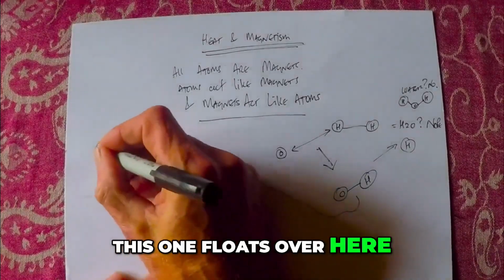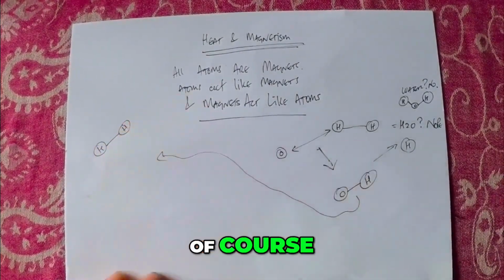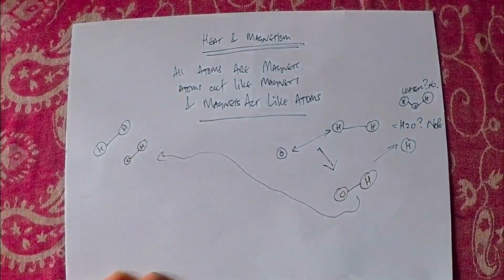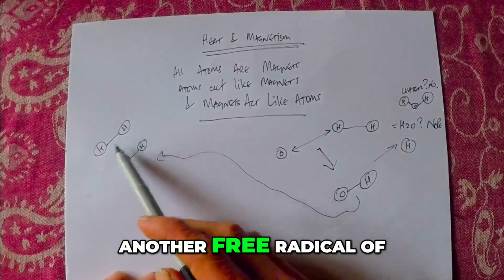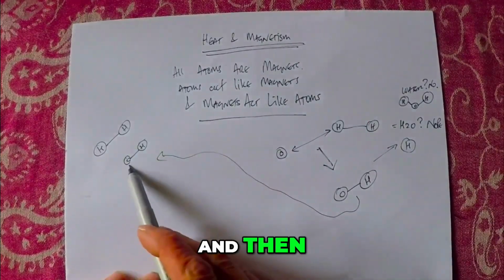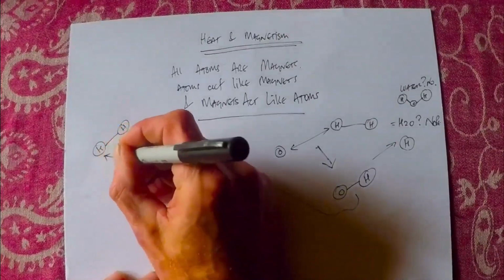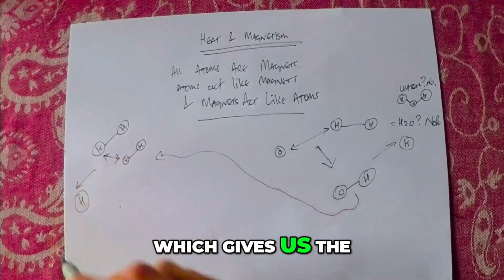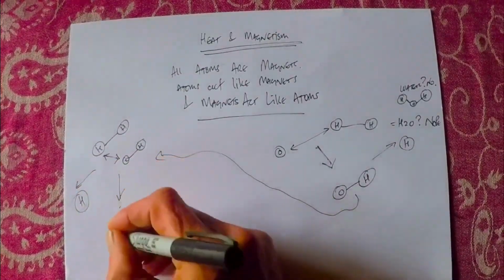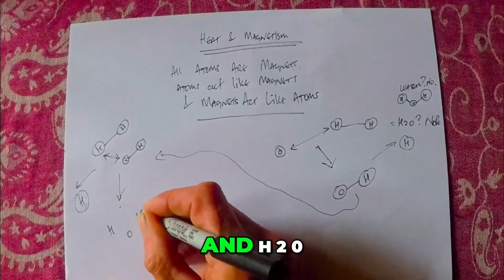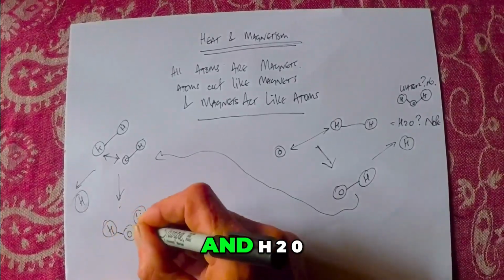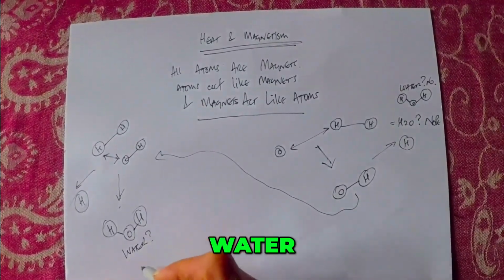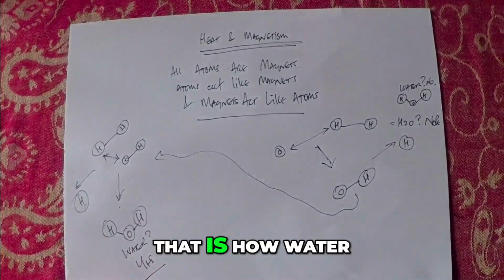This one floats over here until, of course, it meets another free radical of H2, and then the hydrogen is taken, which gives us an H free radical and H2O. Now we have water. Yes, that is how water is formed.